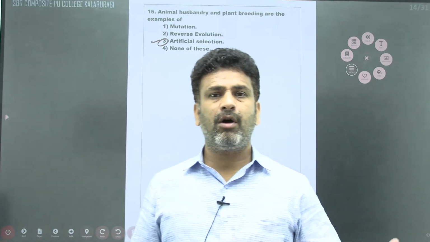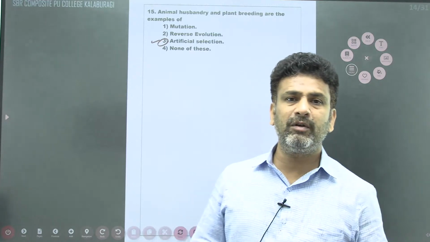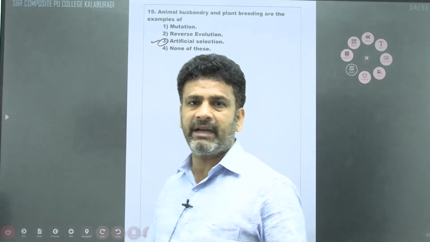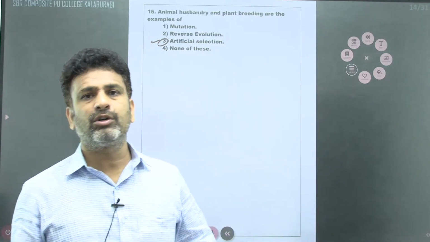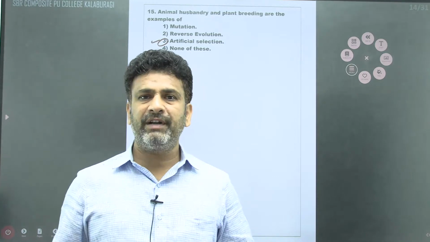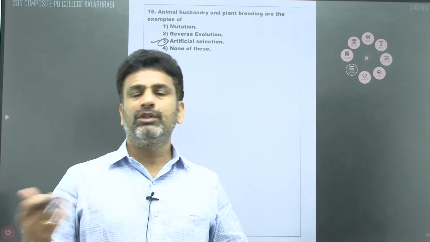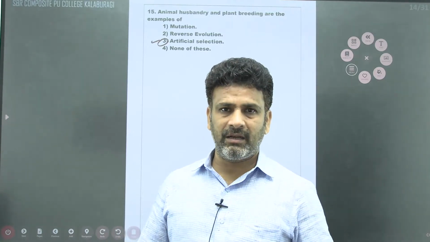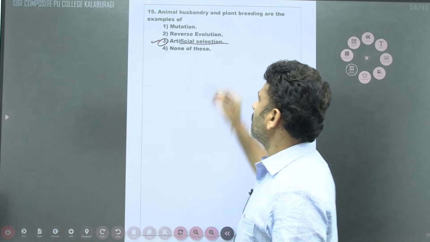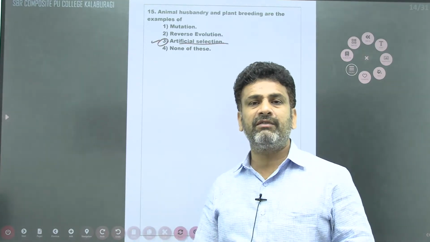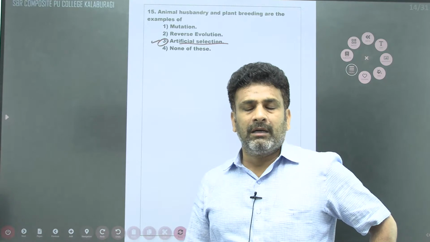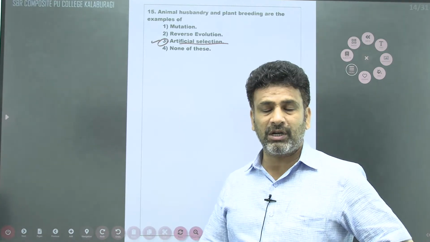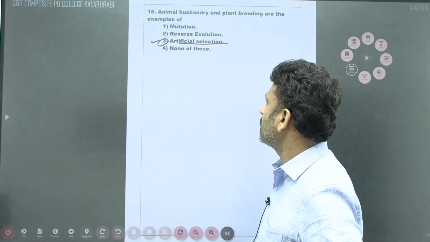Otherwise, wild variety dominant traits are selected and used in hybridization techniques and recombinant DNA technology. By this we are able to produce new varieties, new species, and new breeds within a short period of time at a large scale. This is because of artificial selection. By using artificial selection, we are able to produce many hybrid variety plants, and tissue culture technology also uses artificial selection.